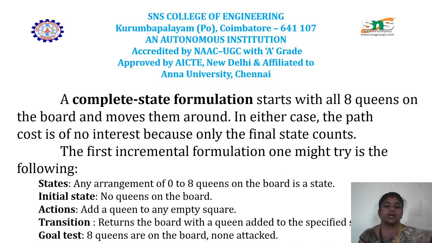The first incremental formulation one might try is the following: states, initial state, actions, transition, and the goal test. States: any arrangement of 0 to 8 queens on the board is a state.